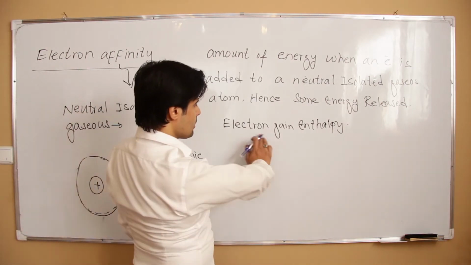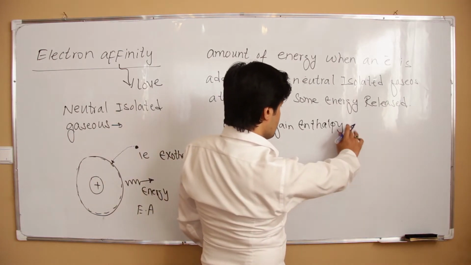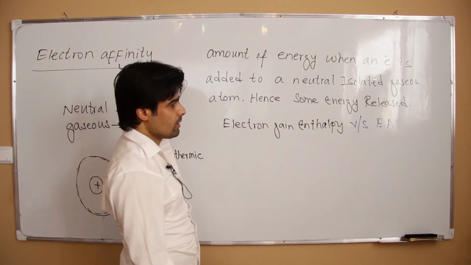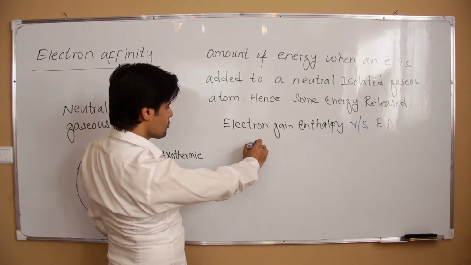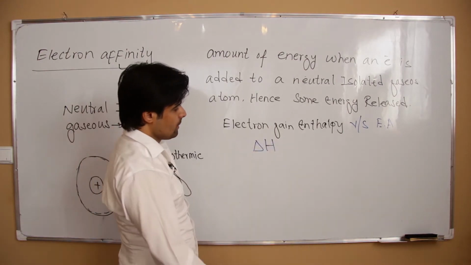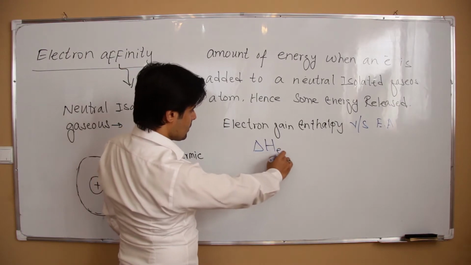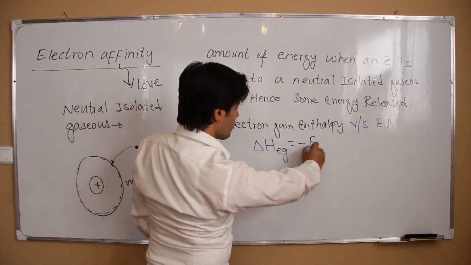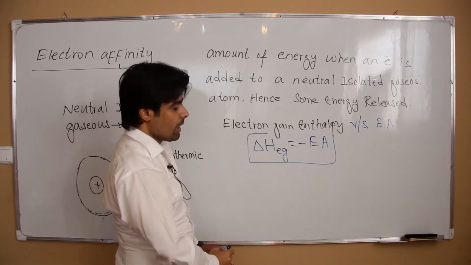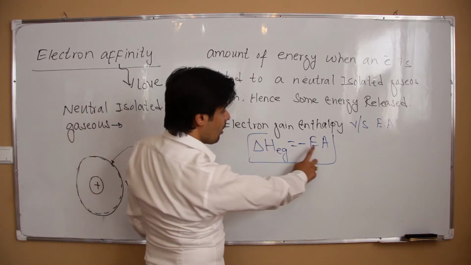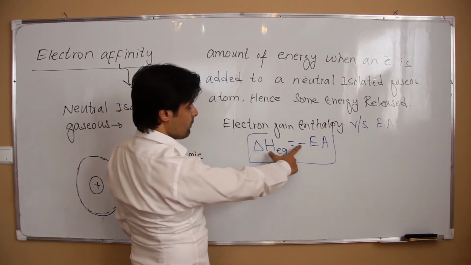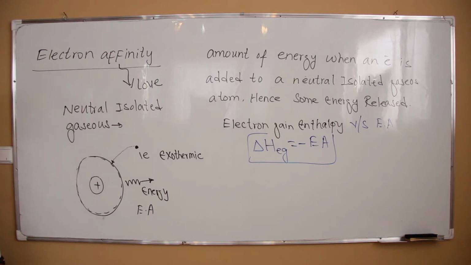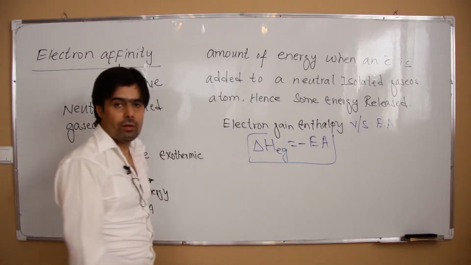What is the relation between electron gain enthalpy and electron affinity? Enthalpy is generally used with the symbol delta H, so delta H Eg is minus of electron affinity. It means in amount they are the same, but the signs are different.